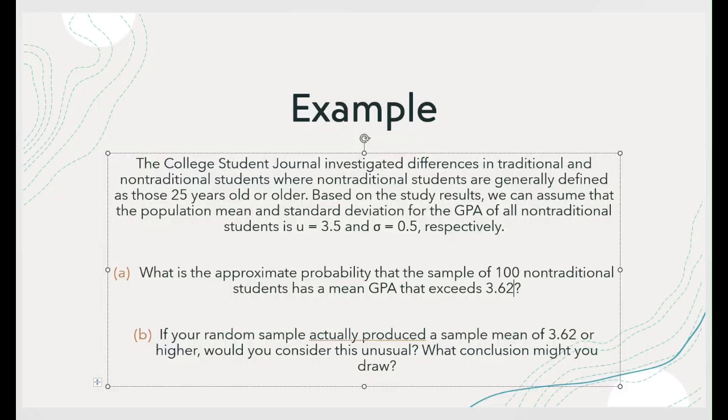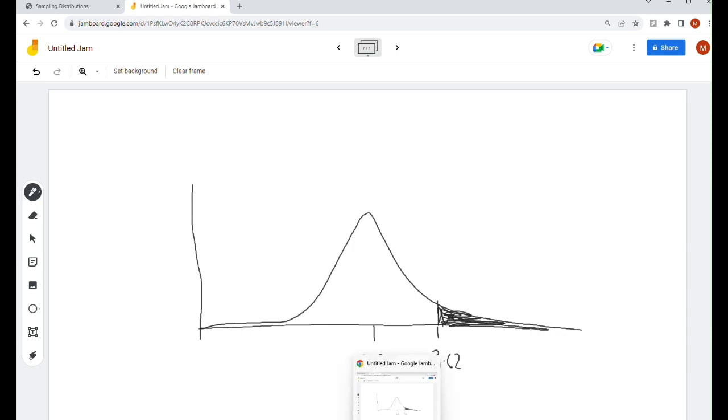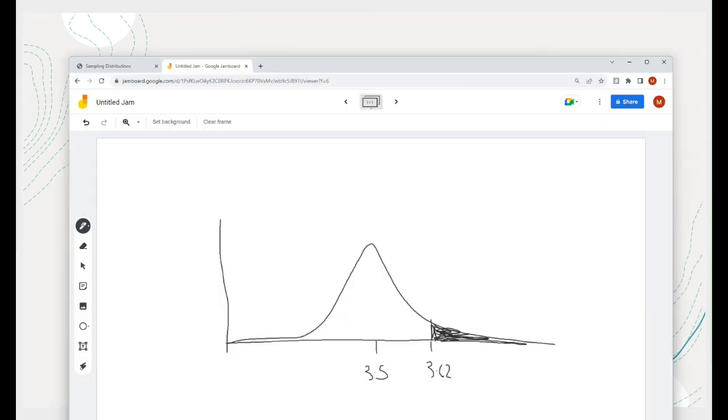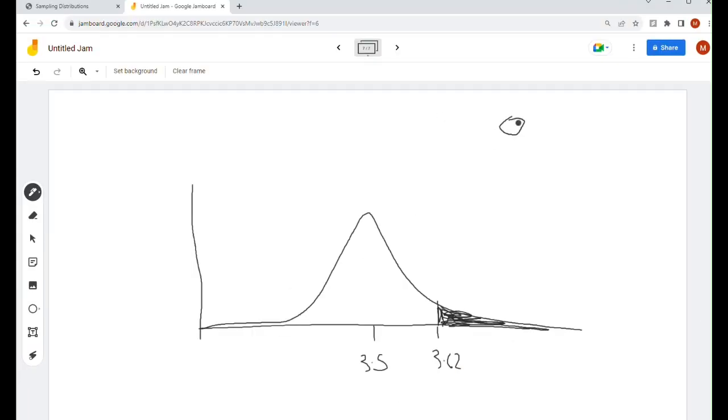So what is our standard deviation? Make sure to not make the mistake of assuming the standard deviation to be 0.5, because this is for the population, not the sampling distribution, right? So for the sampling distribution, it's this population standard deviation divided by the root of the number of samples. So 0.5 divided by the root of 100, which is 10, which is 0.05.